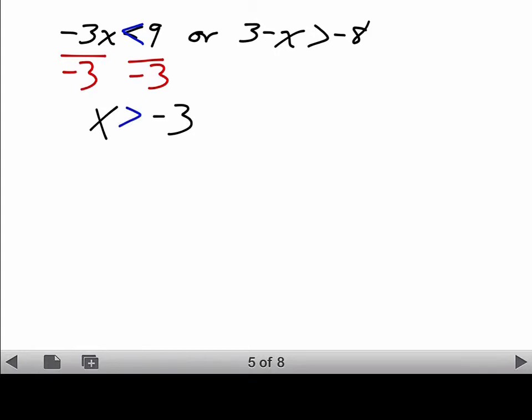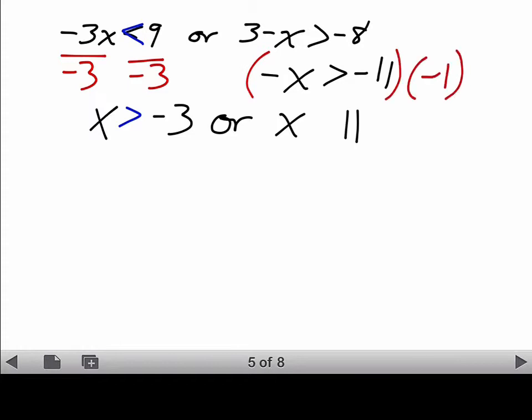For the other inequality, when I subtract 3 from both sides, I get negative x is greater than negative 11. So I'm going to write or and finish solving the inequality by multiplying by a negative 1. Since I'm multiplying the inequality by a negative 1, the inequality symbol, which had been greater than, is now less than.